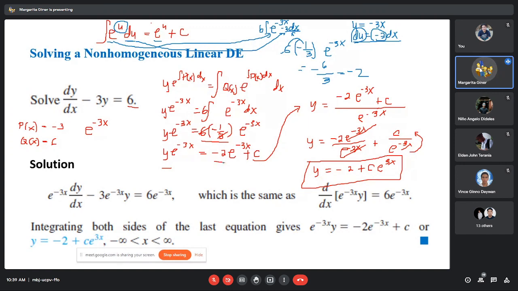So it's negative 2 here, and then just copy the e raised to negative 3x. We multiplied by negative 3 because of the derivative, so to neutralize it, you multiply by negative 1/3. Understand?